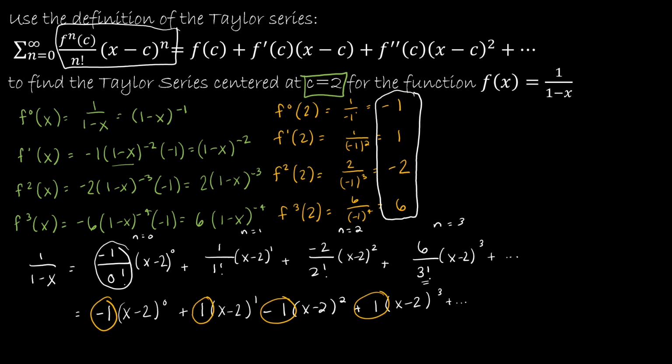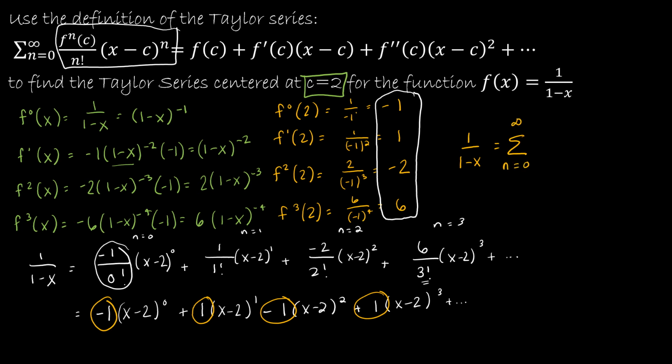And so because my first guy is negative, I can write 1 over 1 minus x as negative 1 to the, I'm sorry, I need to write the summation first. I'm getting ahead of myself.